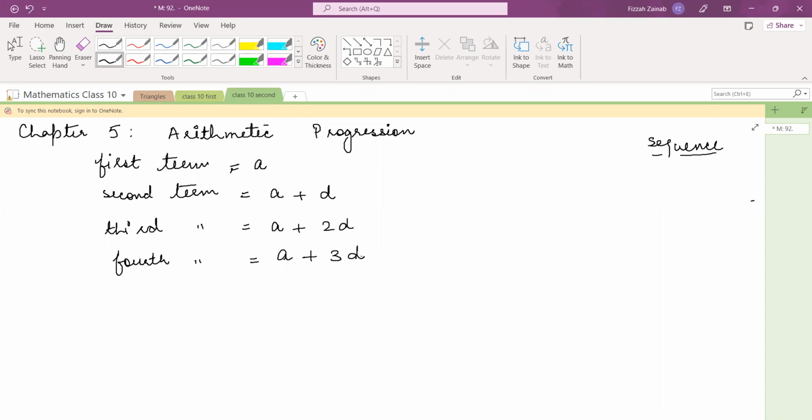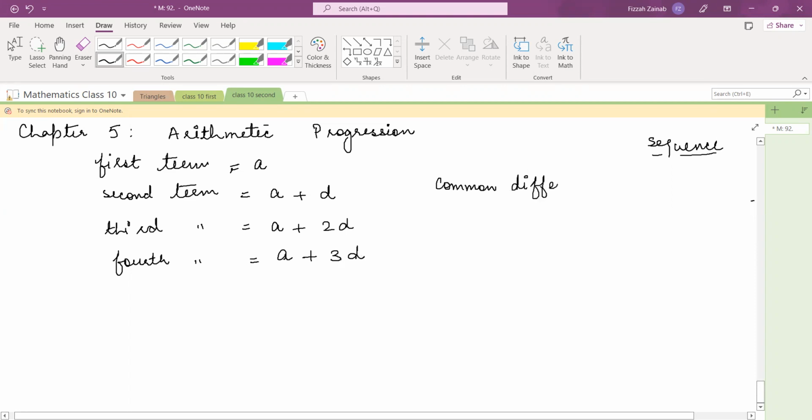Now this fixed number which I'm adding is called the common difference. If you subtract any term from the subsequent term, you will get d because you are adding d.